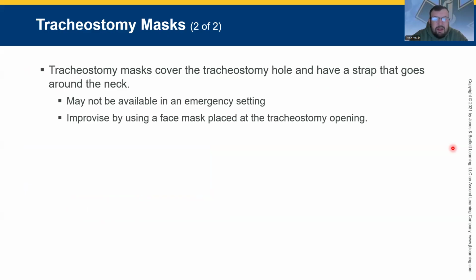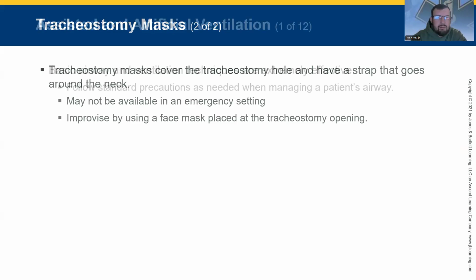May not be available in an emergency setting. Improvise by using a face mask placed at the trach site. So a lot of these, if you're doing an adult, use a pediatric mask and it will actually fit right on an adult throat pretty easily. And you can kind of hold pressure there, not hard, to keep a seal, and they are able to receive oxygen that way.